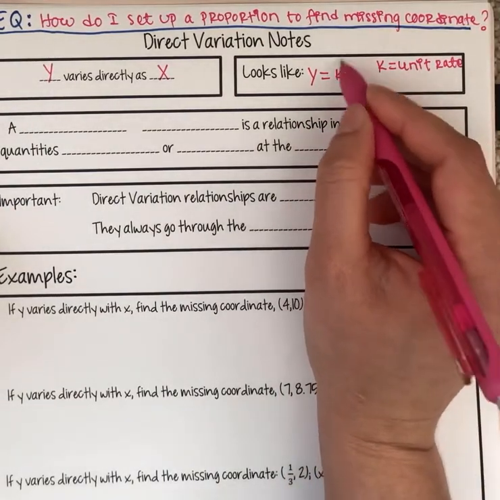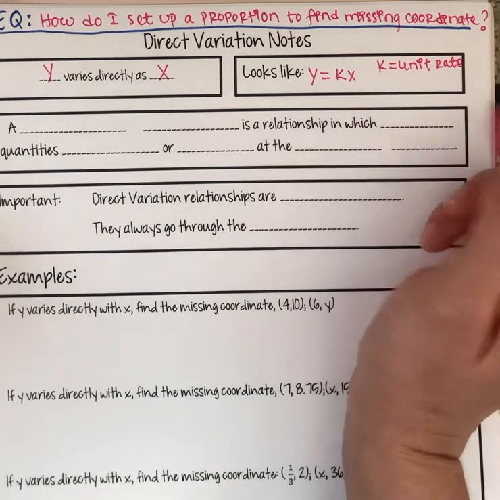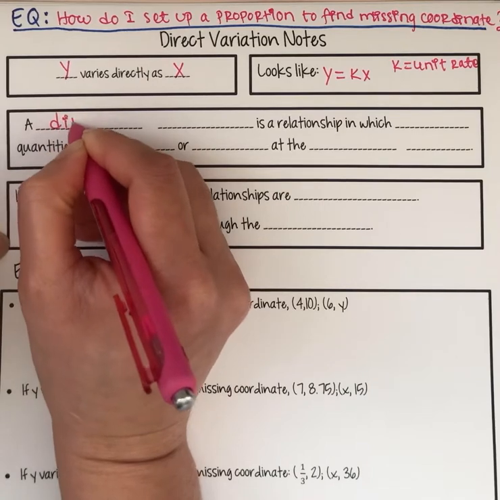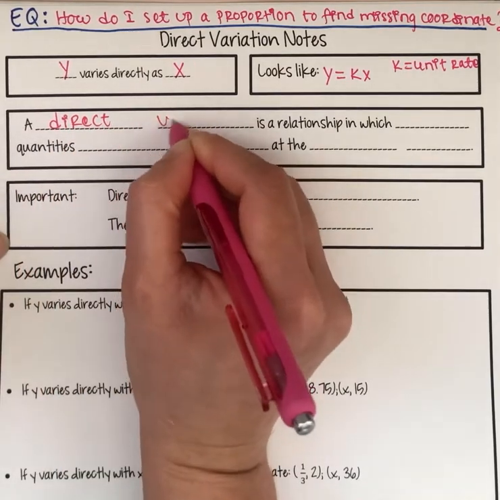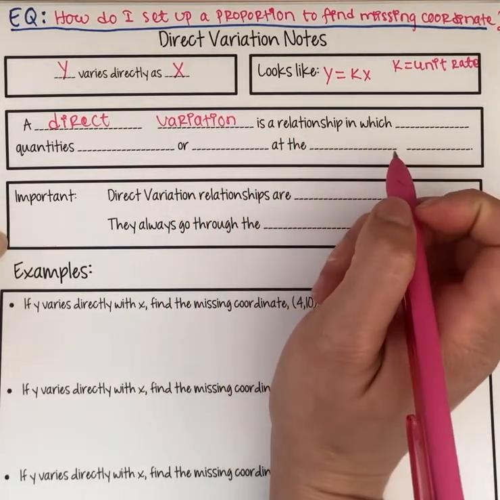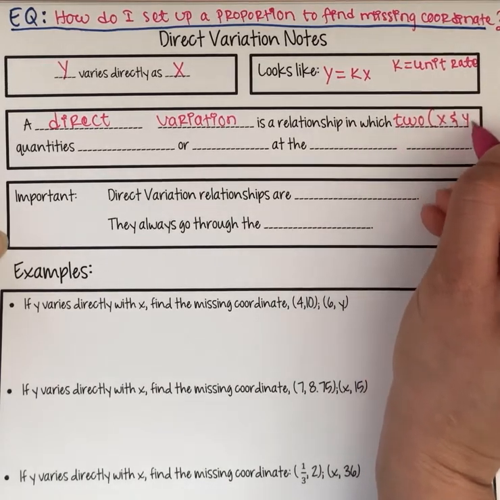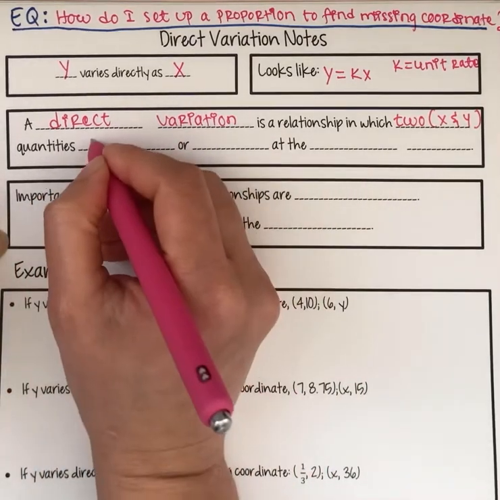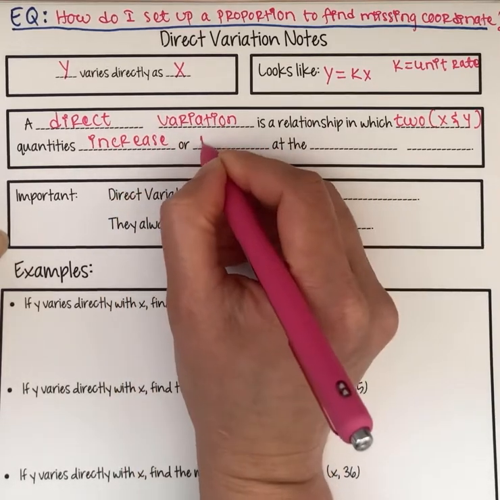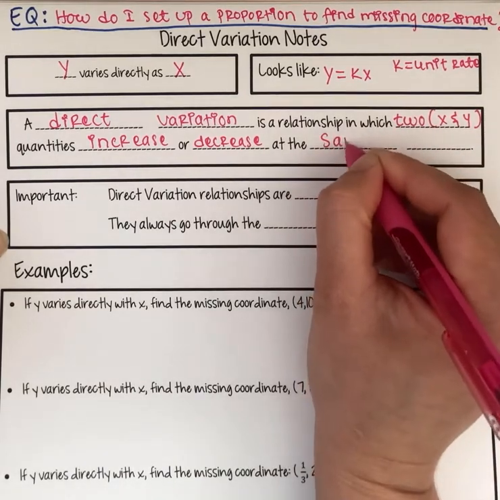And k and x are being multiplied, guys. If there is no sign in between two numbers or letters, they're being multiplied, okay? And let's move on here. So a direct variation is a relationship in which our x and y quantities increase or decrease at the same rate.